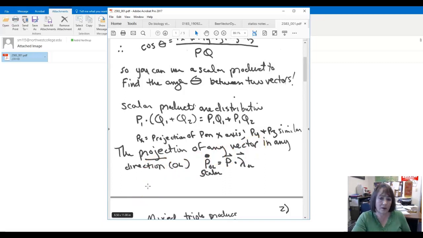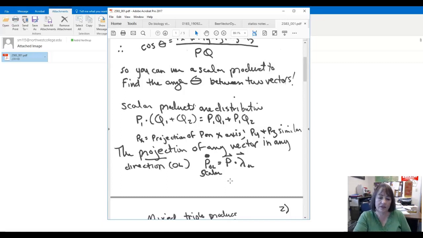Now, one application of a scalar product, and one of the things that we'll be doing in this class, is the projection of any vector in any direction. What that means is how much of the vector occurs in some direction, some random direction. Sometimes it could be random and sometimes it could be meaningful. One of the applications for this, for example, is the projection of a moment about an axis.